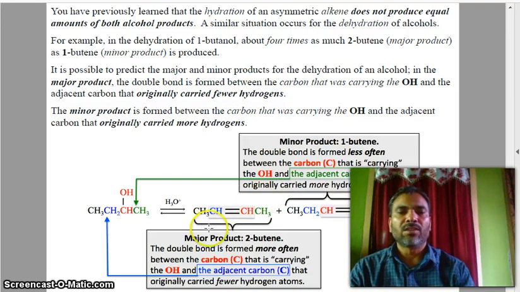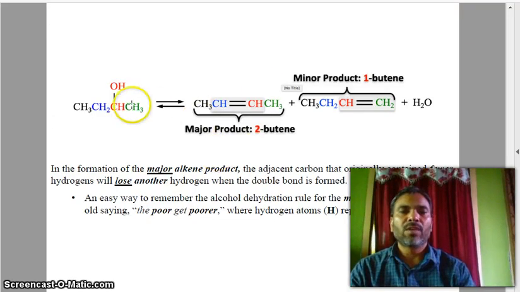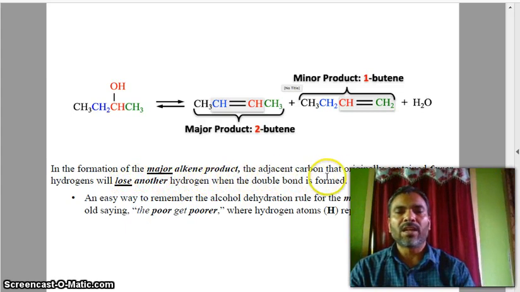And this is the major product, 2-butene. So again, this is the minor product 1-butene and this is the major product 2-butene. So in the formation of the major alkene product, the adjacent carbon that originally contains fewer hydrogens will lose another hydrogen when the double bond is formed.